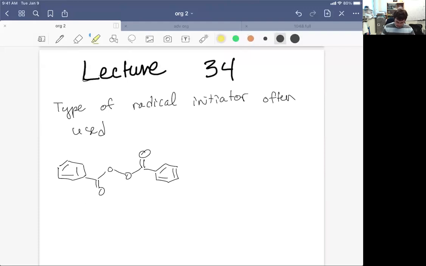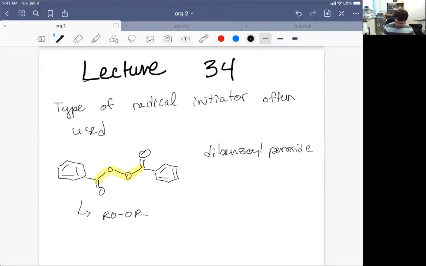So as you can see, there's this little kind of linkage here, which serves as our ROOR group. This is dibenzoyl peroxide.